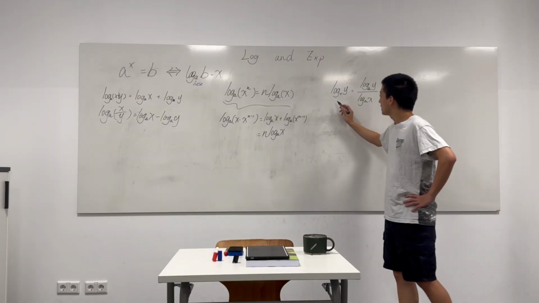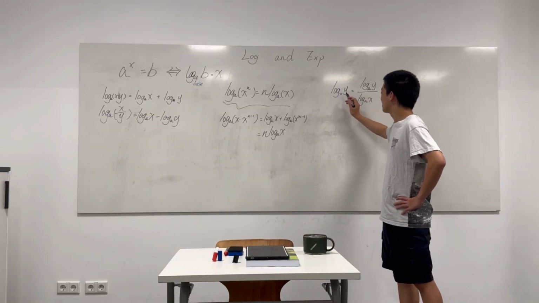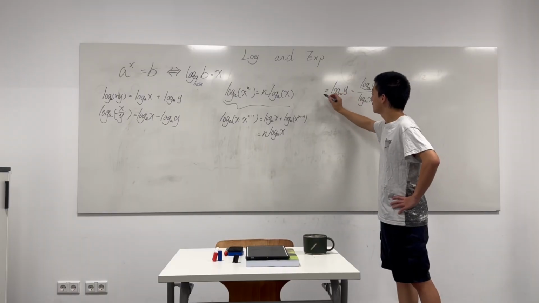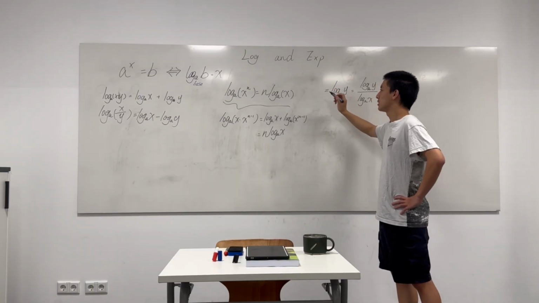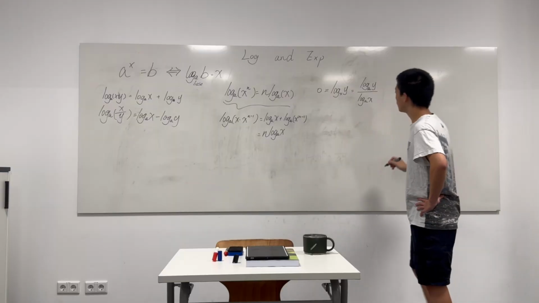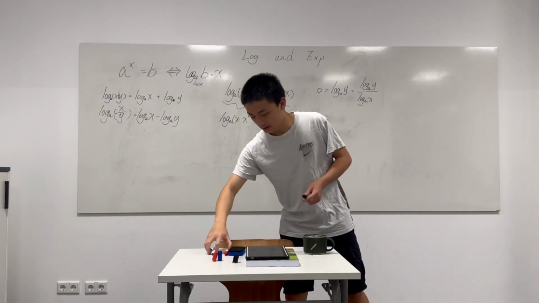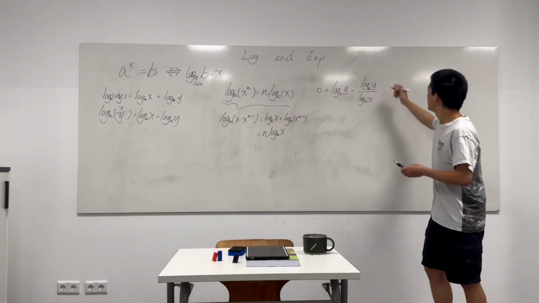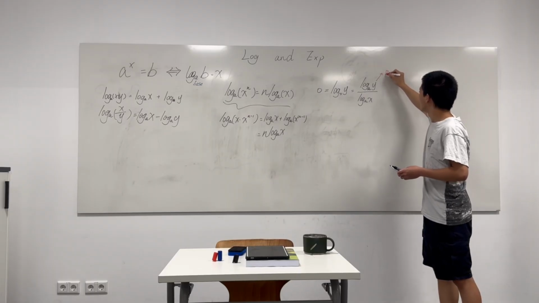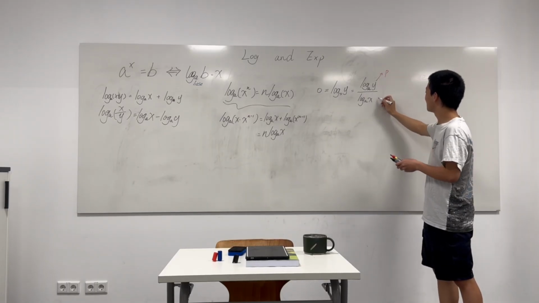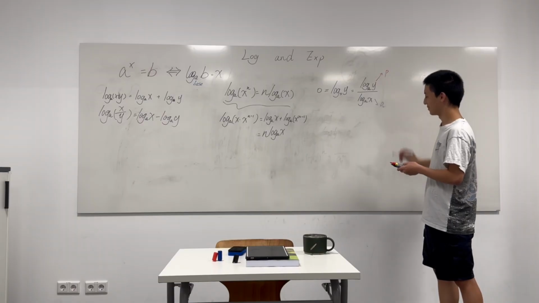So we can let log base x of y equal O. This one is equal to O. And this term is equal to P. This term is equal to Q.